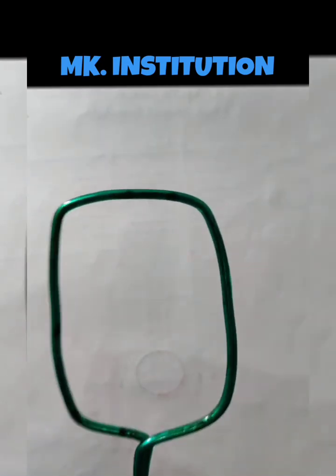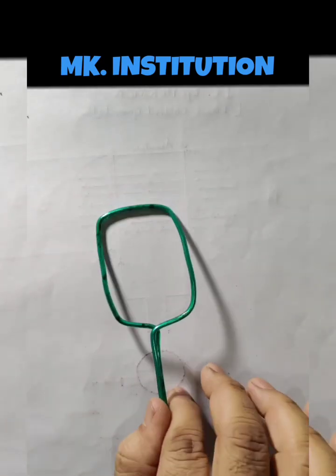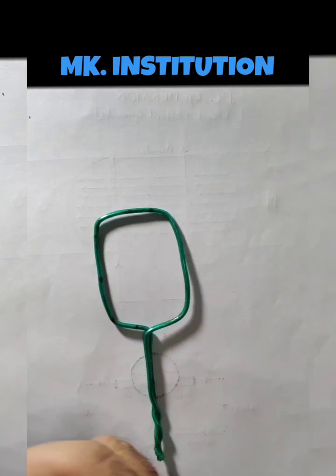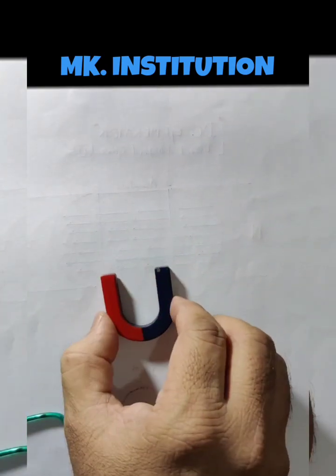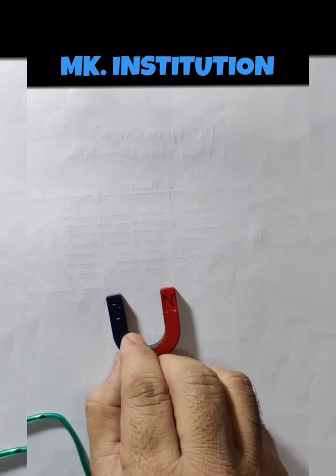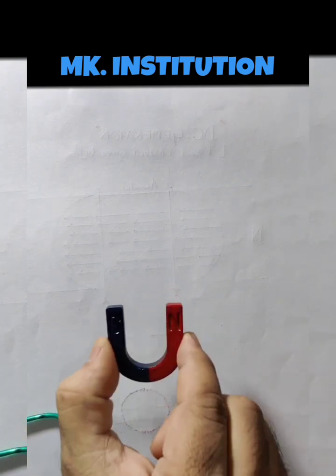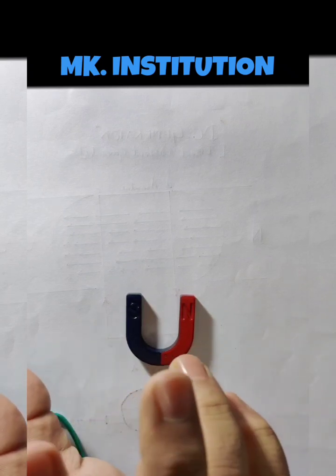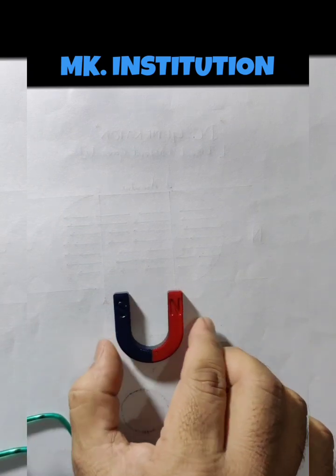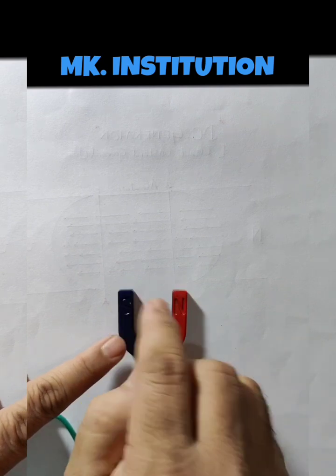Clear? This is called the armature. Check this carefully, this one first, and then this horseshoe magnet. This magnet is called a horseshoe magnet. We have taken this magnet for the experiment of AC and DC generators. This is very small, but you take a big, powerful magnet. It should have a curved surface.